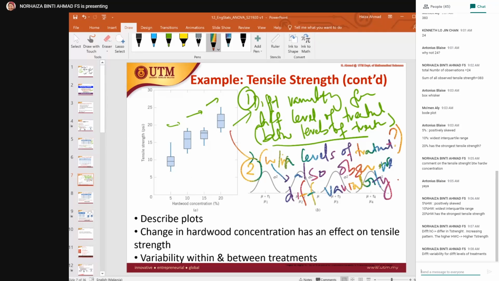Right? So between treatments, you see there is a difference in variability. Within hardwood itself, if you apply the same hardwood concentration, you will still get variability.